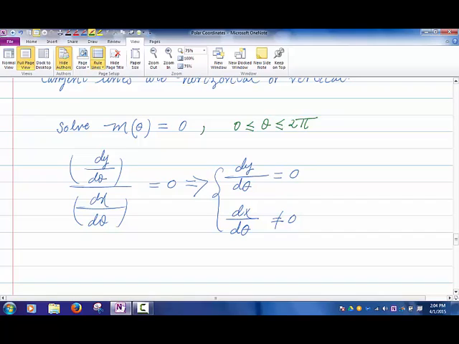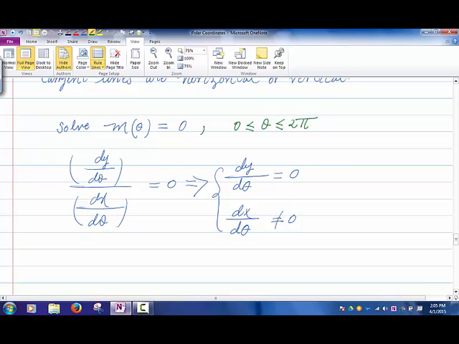When will this ratio be 0? This ratio will be 0 when the numerator is 0 but the denominator is non-zero, right? If both of them are 0 at the same time, then the ratio is undefined. So when the numerator is 0 and the denominator is non-zero, that's when I get horizontal tangents.